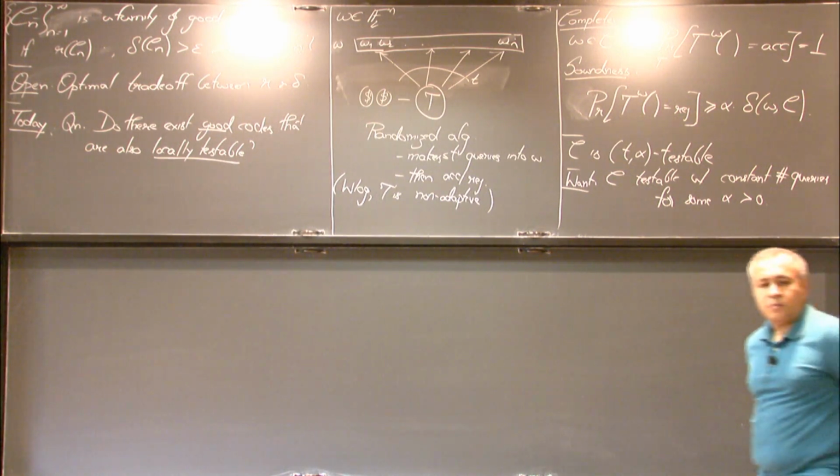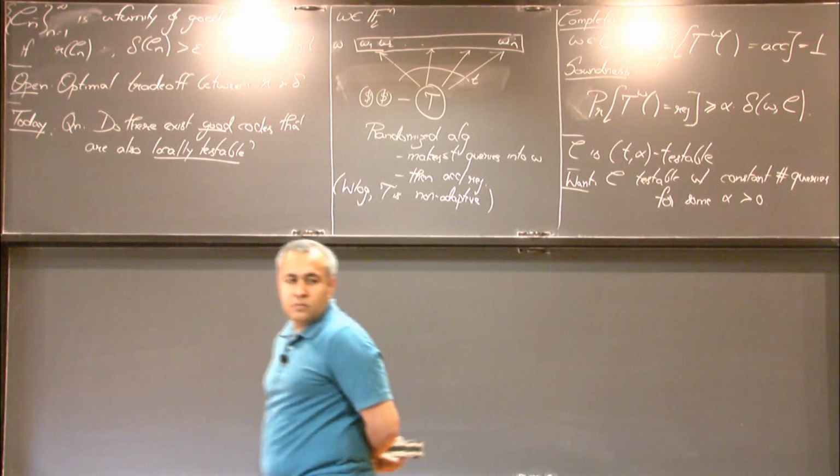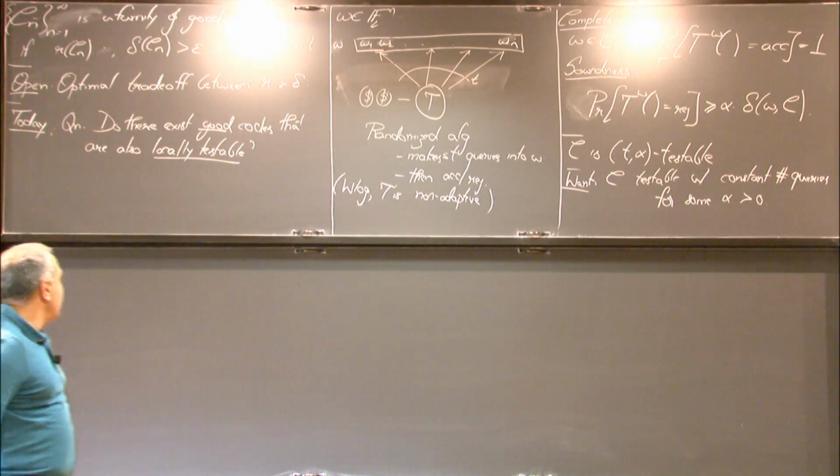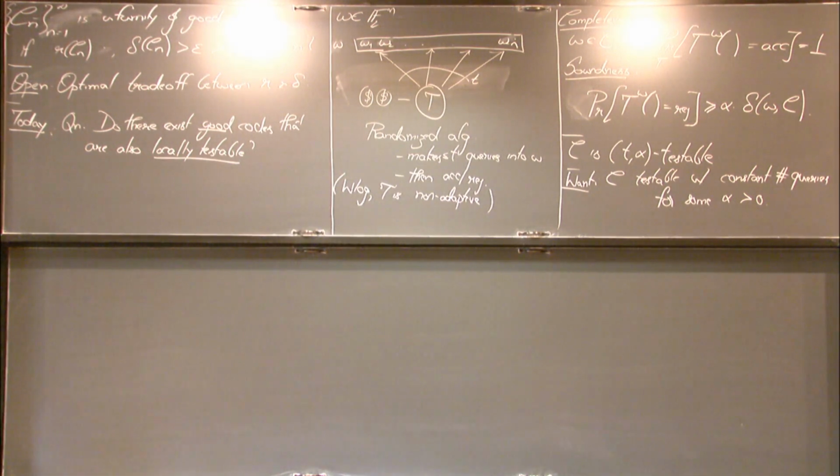So if I'm relaxing, let's say, the number of queries not to be constant, but could be log n, do I know good codes which have a logarithmic number of queries? Yeah, we do. We'll see this. For example, we will see Reed-Muller codes do have that. So we do know codes with these two properties, but testable with a slightly super constant number of queries.